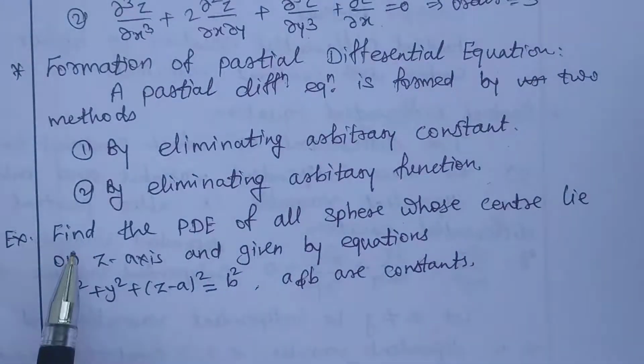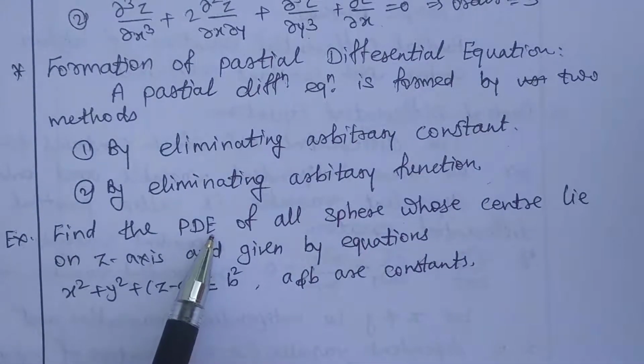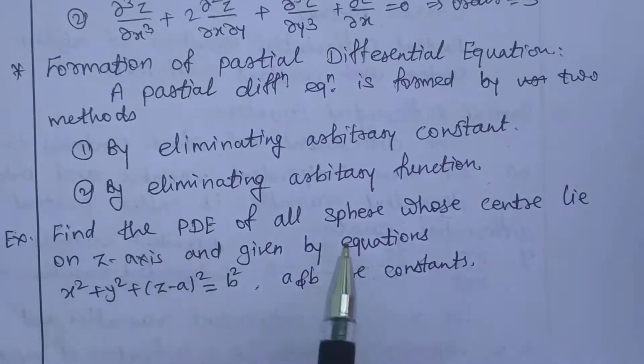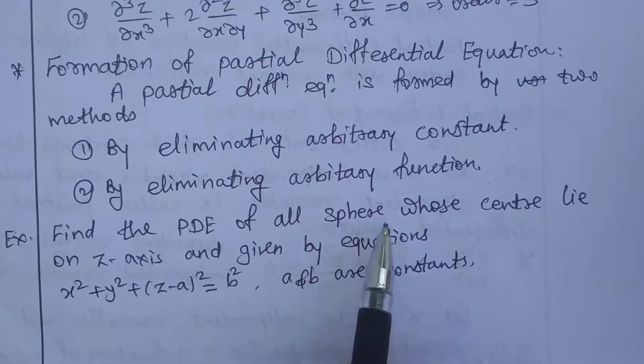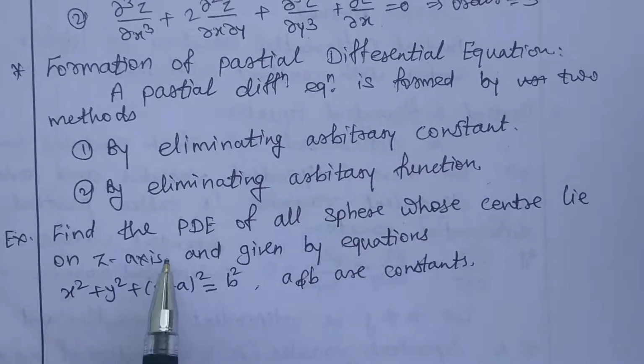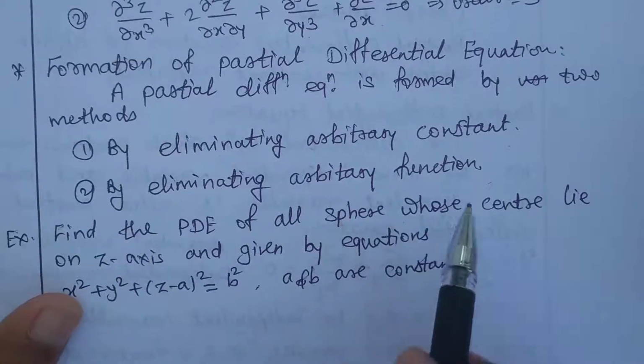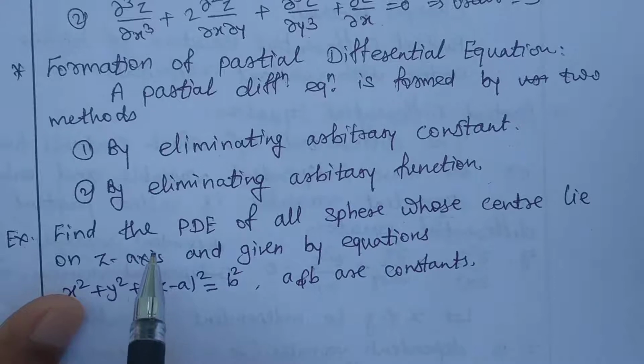First example: form a partial differential equation of all spheres whose center lies on the z axis. What is the equation for such spheres? The center lies on the z axis, which means the x coordinate is 0 and the y coordinate is 0.